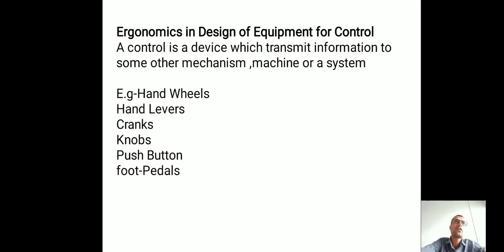If you take the example of brake, hand lever, steering, different knobs, buttons, brake pedals, correct? These are examples of equipment for control. These equipments are specially designed for the control of your vehicle.